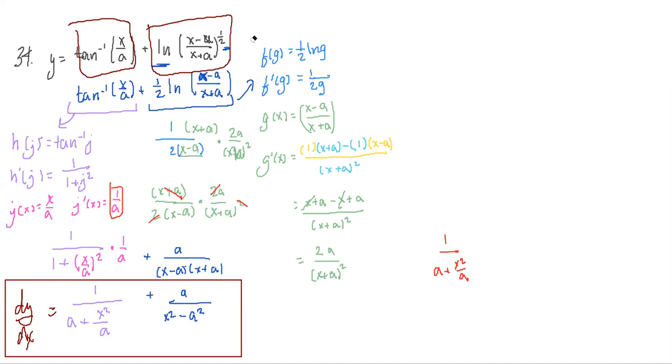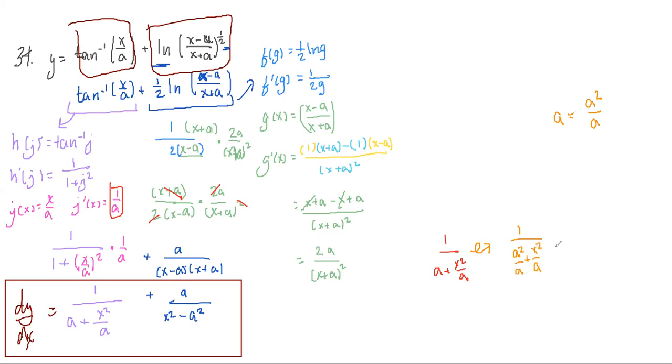So if I really wanted to move that a, I could shift this and turn it into 1 over a is equal to a squared over a, is it not? Because we just cancel out one or the other. So I'm going to say this is a squared over a plus x squared over a.